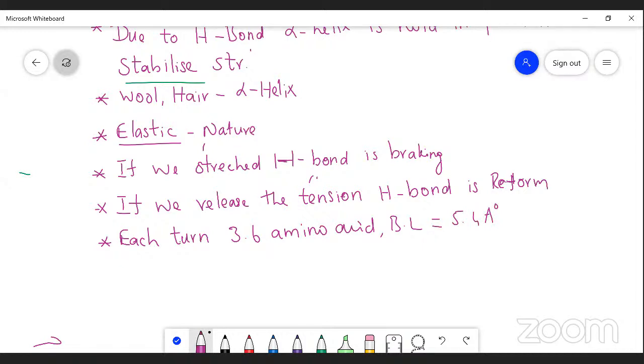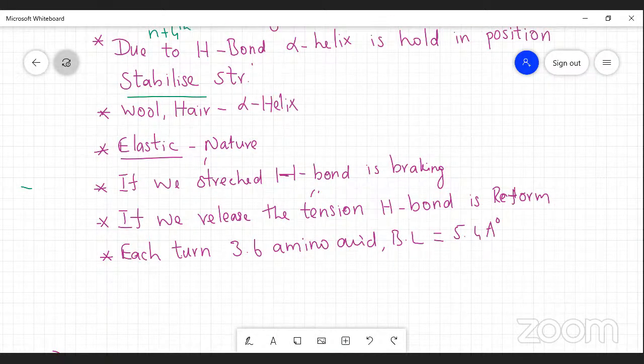So this is the secondary alpha helical structure, formed by coiling of alpha amino acids as a right-handed screw.